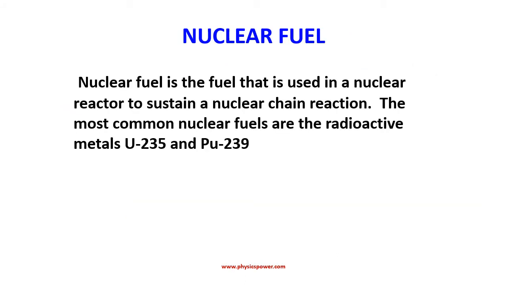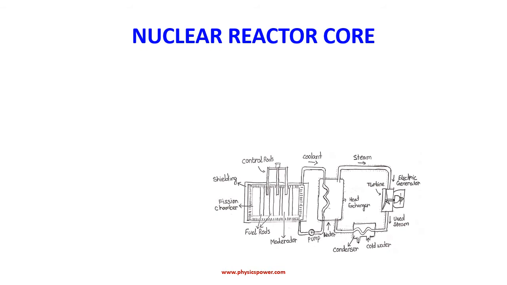The first one is the fuel. Nuclear fuel is the fuel that is used in a nuclear reactor to sustain a nuclear chain reaction. The most common nuclear fuels are the radioactive metals uranium 235 and plutonium 239. The next one is the nuclear reactor core.